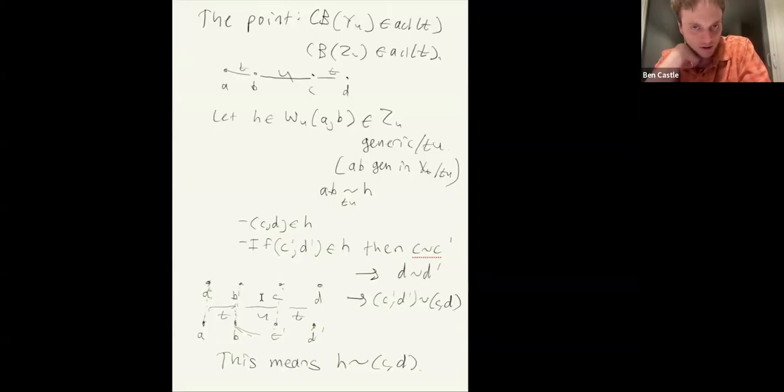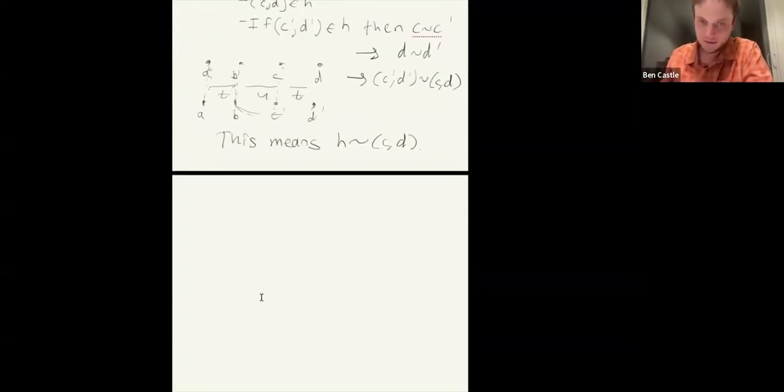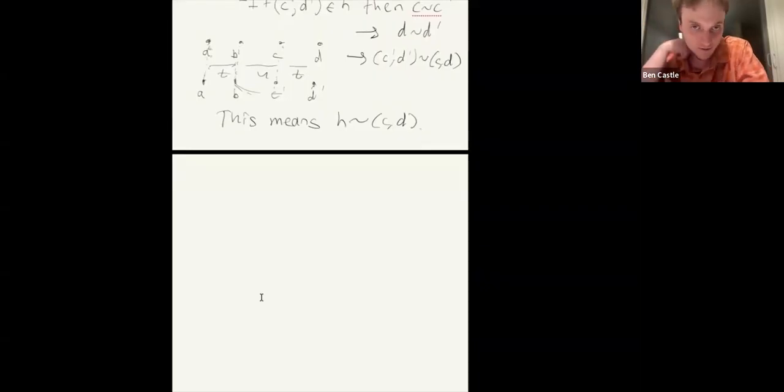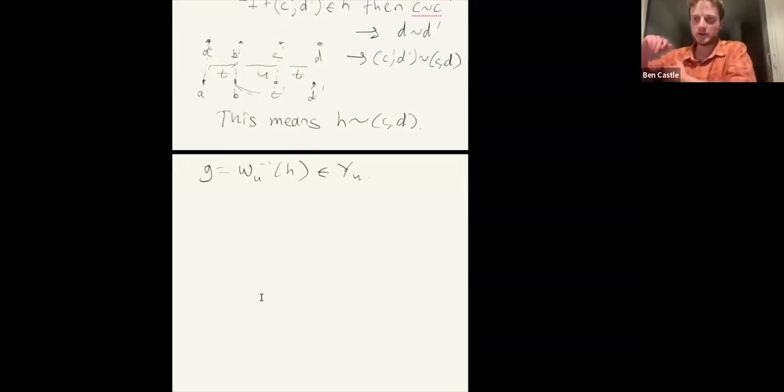Now we'll go back the other way. All right, now I have to read what I did again. Yeah, right. So now we do the same argument in reverse. So now let's let G be the preimage of H, so WU inverse of H, everything in YU, so everything that ultimately maps to ZU.